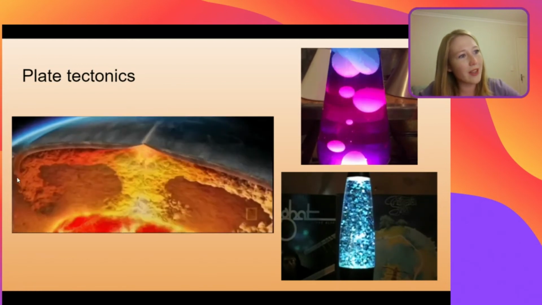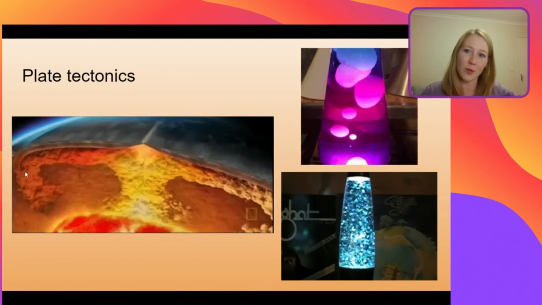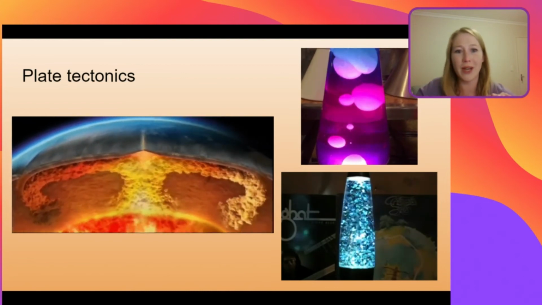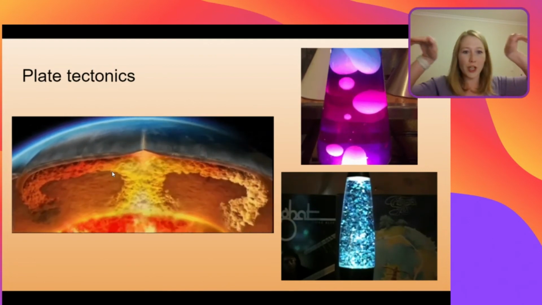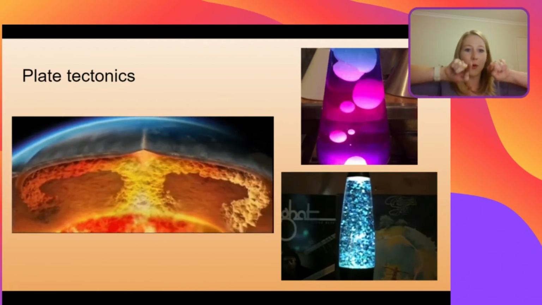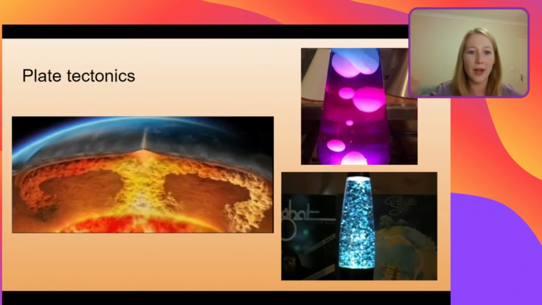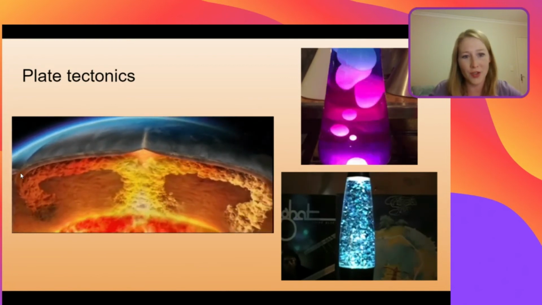If you look right there where it's sinking, it's pulling some of the crust down as well. That is a very important part of plate tectonics, because this pushing apart and pulling down at the edges is how we get divergent and convergent plate boundaries. And that's also where we get subduction.